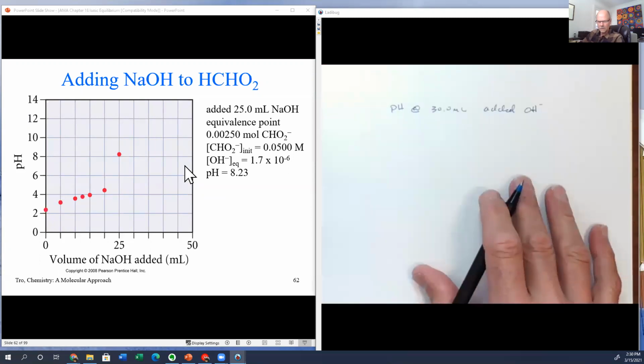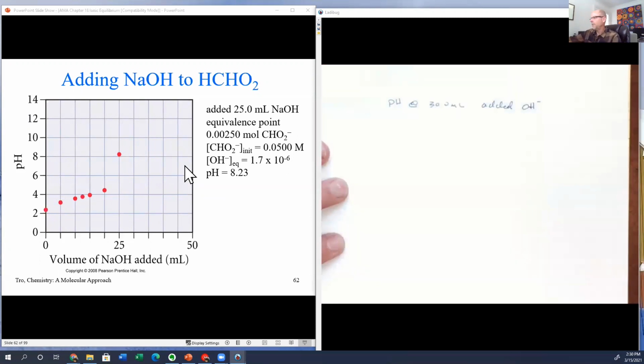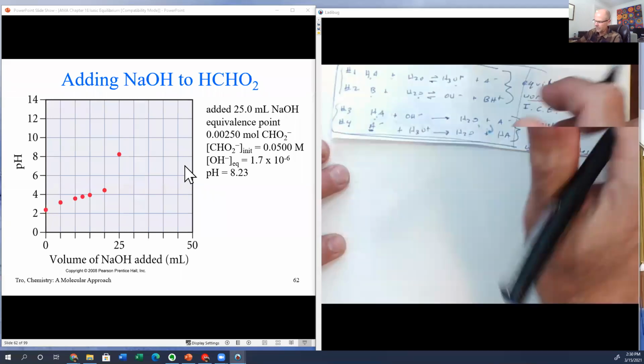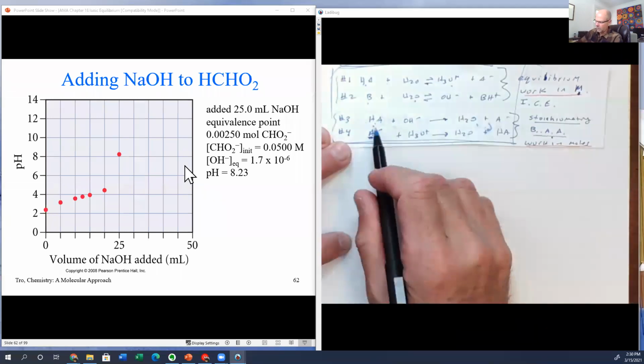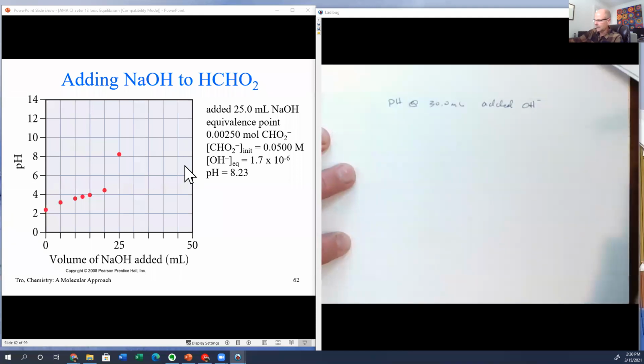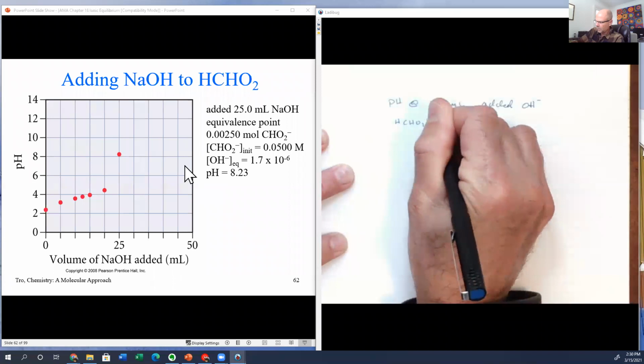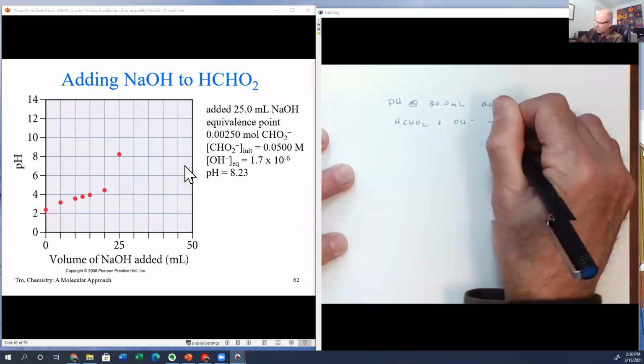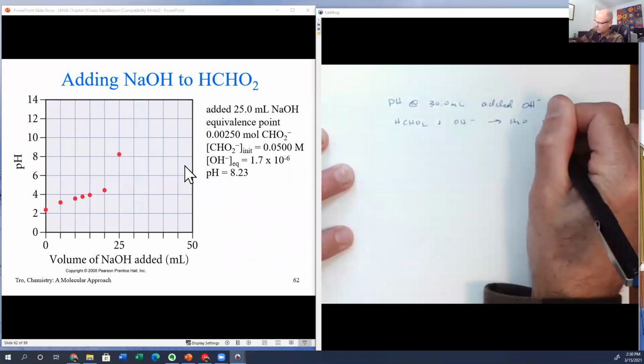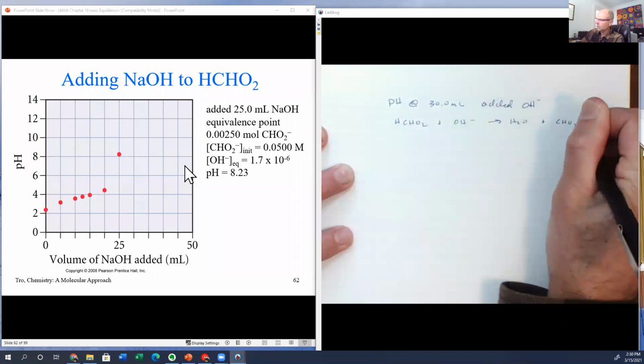At 30 milliliters, again, we're going to go back to our table that's going to help us figure out where we are, right? We're going to use this equation and then use the BCA table. So we got HCHO2 plus OH minus, neutralizing each other to form H2O plus CHO2 minus, right?